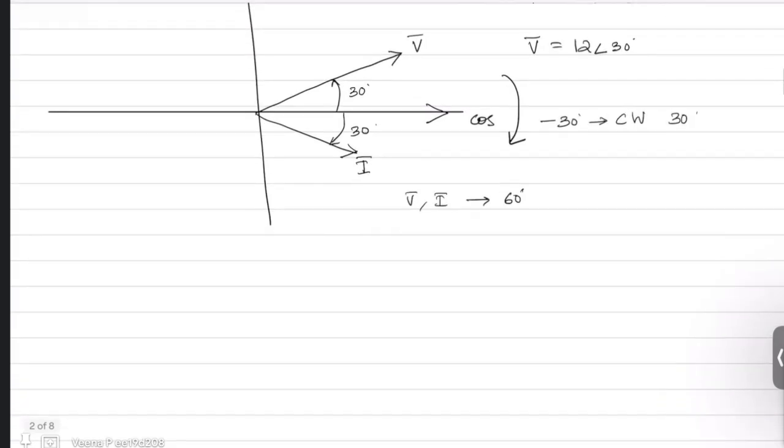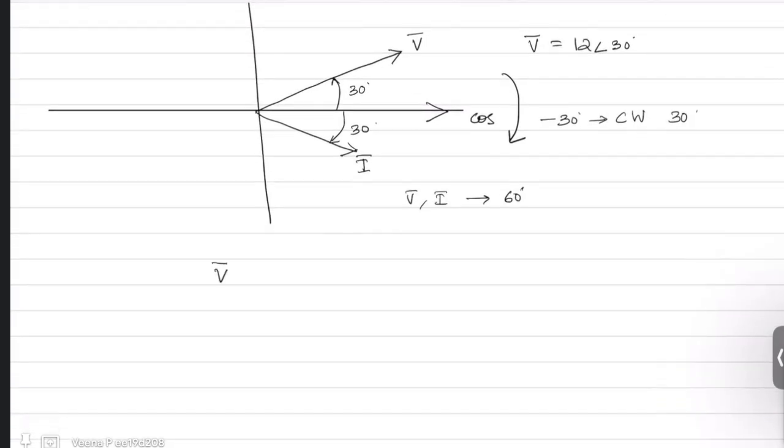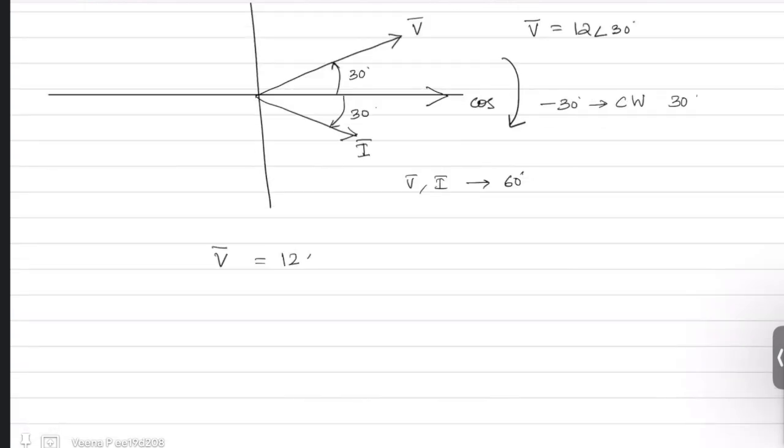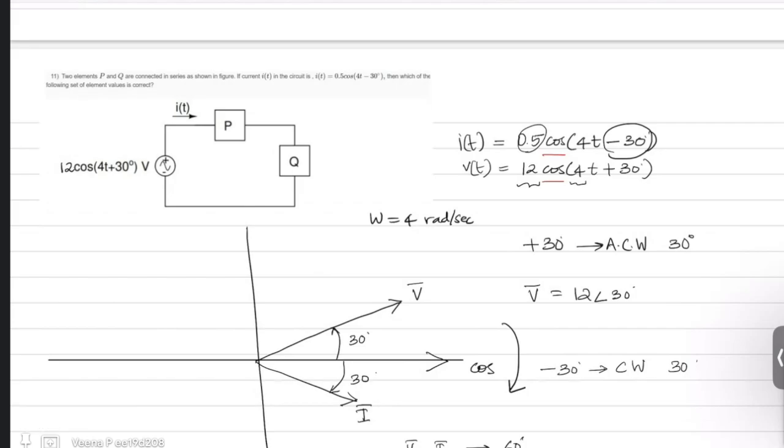So my reference is cosine. My voltage phasor given in the problem is 12 magnitude and 30 degree in the anti-clockwise direction, so it is 12 angle 30, and your current is 0.5 angle minus 30 degree. So you have a circuit, the voltage across it is 12 angle 30 and the current through it is 0.5 angle minus 30.